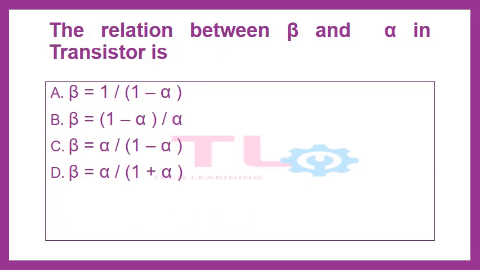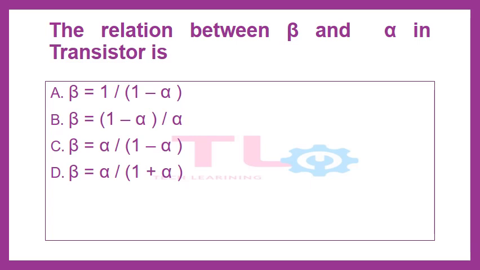The relation between beta and alpha in a transistor is option A, beta equal to 1 upon 1 minus alpha. Option B, beta is equal to 1 minus alpha upon alpha.